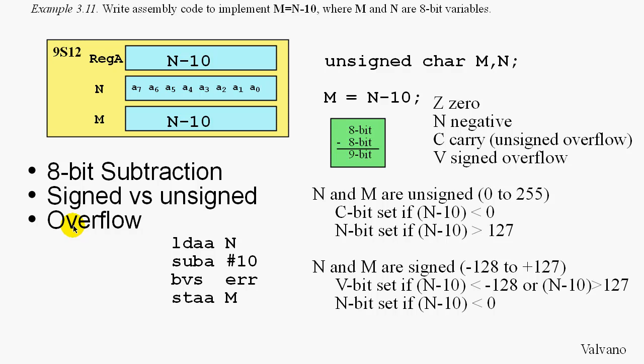Overflow occurs after subtraction because an 8-bit number minus another 8-bit number yields a 9-bit difference. And if we try to store that 9-bit number into an 8-bit variable, an overflow shall occur. And we can detect that overflow by either looking at the C bit if the numbers were unsigned, or looking at the V bit if the numbers were signed.